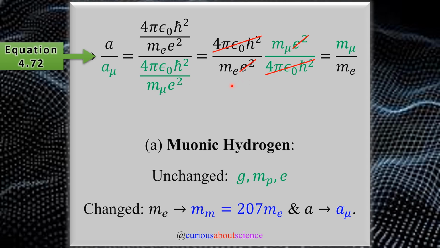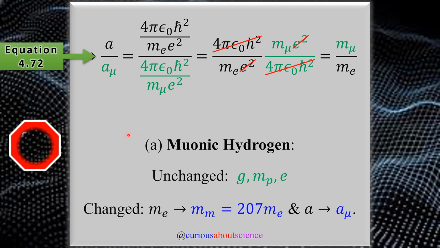And so being able to set up proportionalities like this is great when we're taking ratios because everything that would have been a proportionality constant cancels out. And so A over the reduced Bohr radius leaves me with the reduced mass over ME. And this will allow us to substitute into everything we need to find out how to modify the hydrogen equation. So that's why we do it, and let's see it in action.